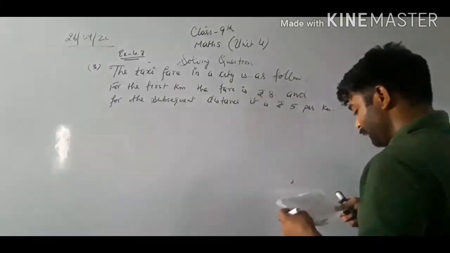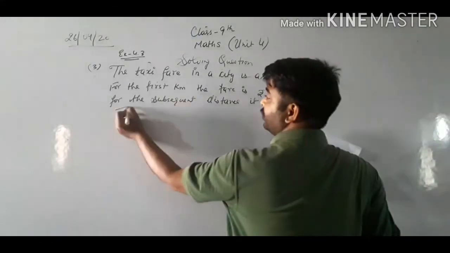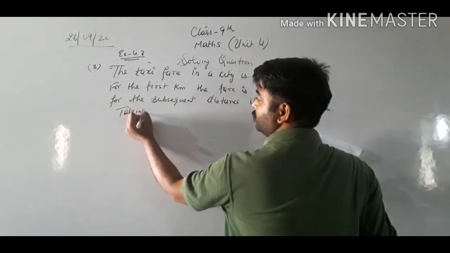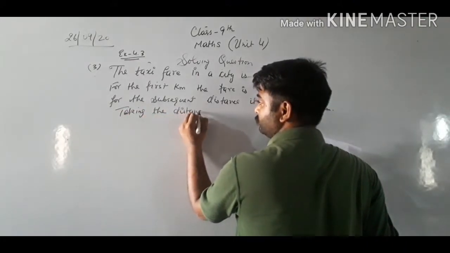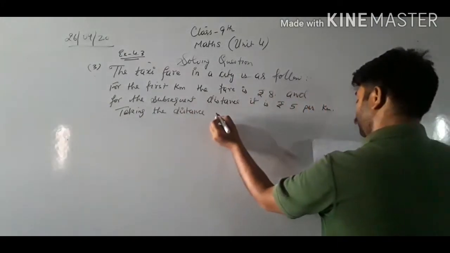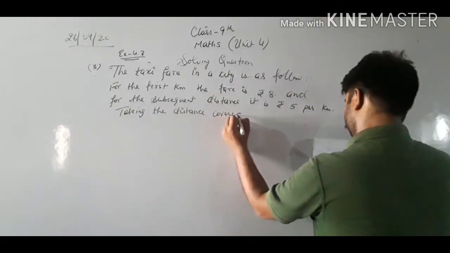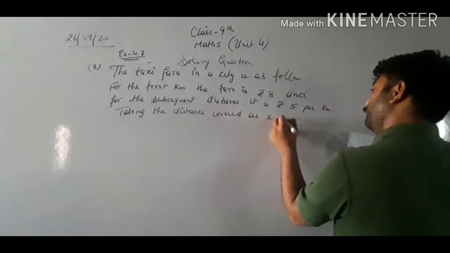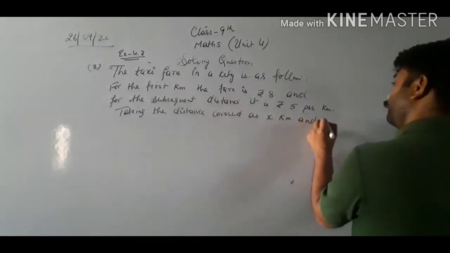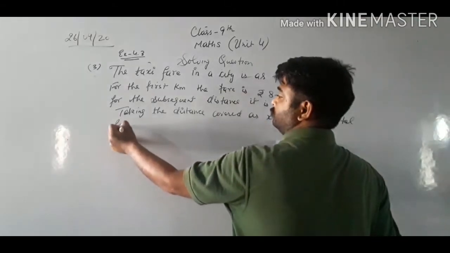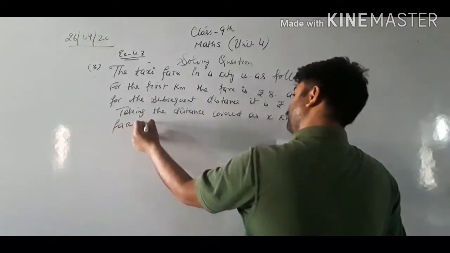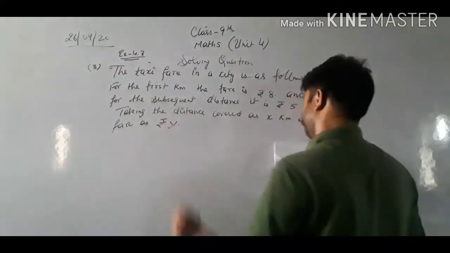Rupees 5 per kilometer. Now what is it saying? Taking the distance covered as x kilometer and the total fare as rupees y.